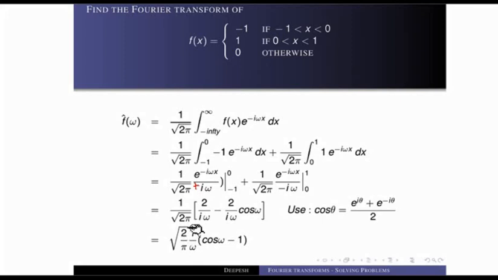So in the upper part there will be a root 2, and in the denominator there will be a root of pi, and this I omega can be taken out. I can be taken to the upper side, so it will become minus I. That minus sign I have adjusted with the 1 minus cos omega, so it becomes cos omega minus 1, and that's the answer. If you want, you can answer it in the exponential function itself, but in books you will find this answer.